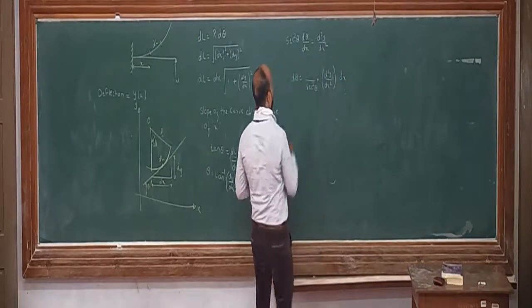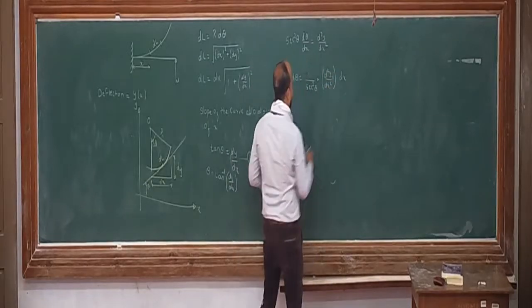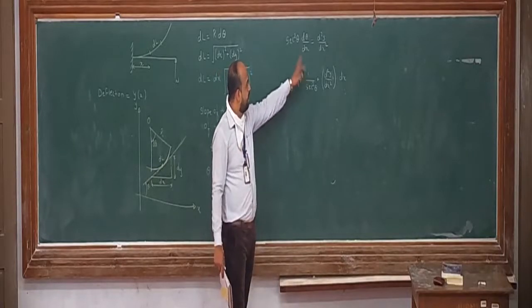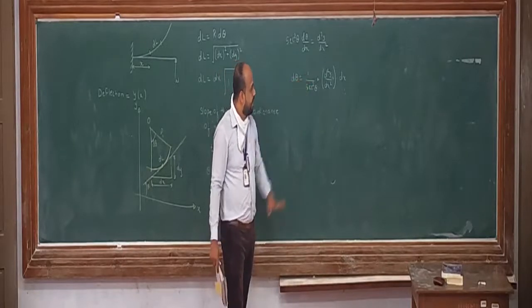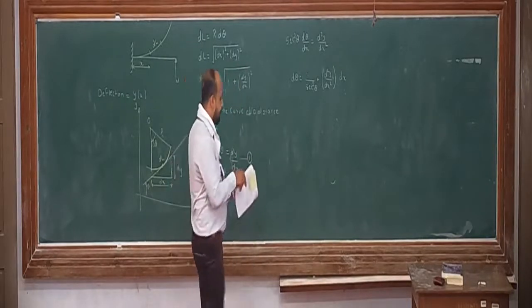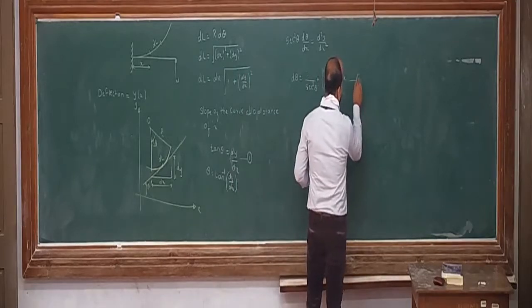This dx will also go to that side. So d theta is equal to 1 divided by sec square theta, d square y by dx square into dx. Call this equation number 2.